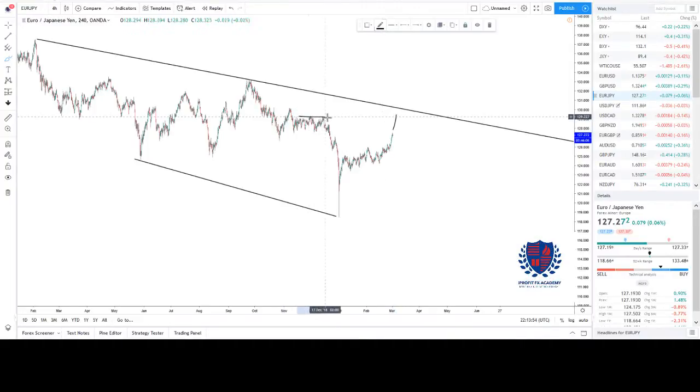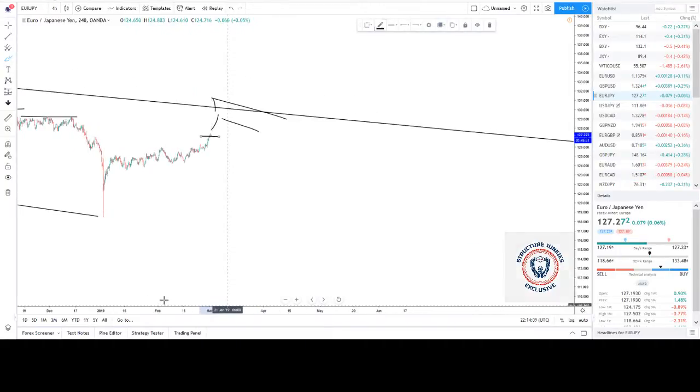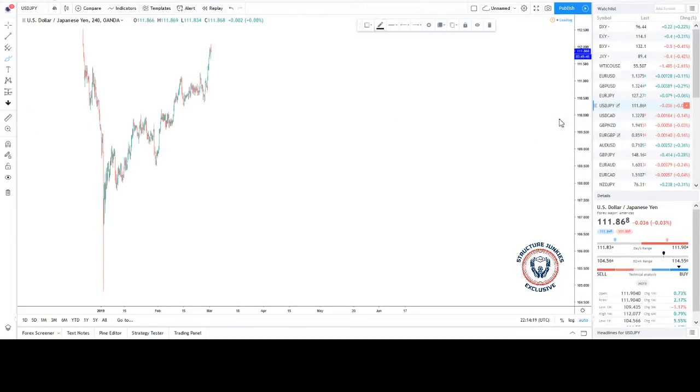Let's monitor structure once it gets to these levels, because if we get a break, then we should see some type of bigger correction to the downside pretty soon. Let's see. It's relatively too high for you to trade right at this moment. I would wait for a correction, then possibly we could get a continuation out of that. So be looking out for that on Euro Yen.